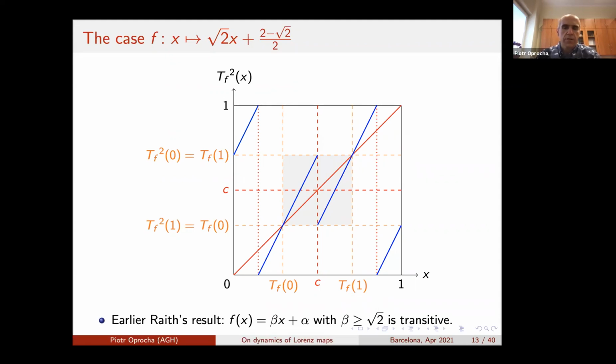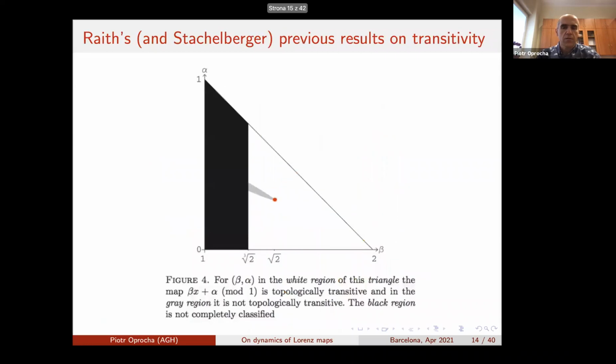So definitely you don't have mixing, but that map is transitive. So this is an example that not every transitive Lorenz map is mixing, but as you will see in a moment, it's quite a unique situation.